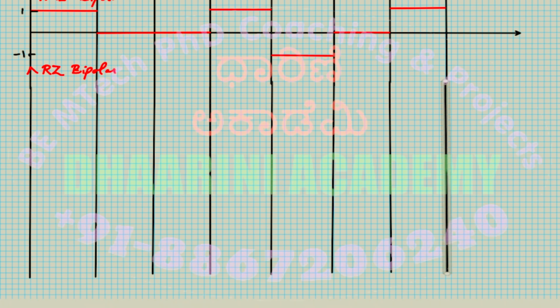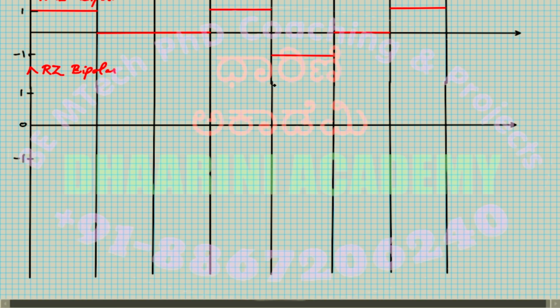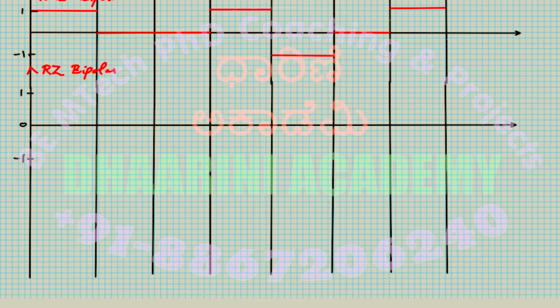Okay, to plot the return to zero bipolar format, as the name suggests, there have to be two polarities. So let's keep one as +1, and we'll keep the other as the lowest possible polarity, that is -1. Since you have a return to zero, 0 will remain as 0, so no problem with the 0 plotting.